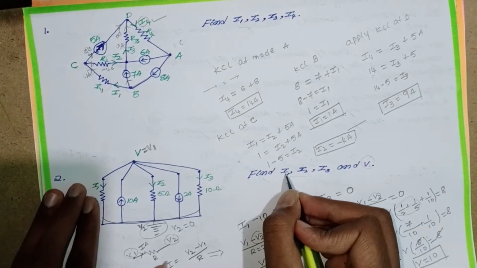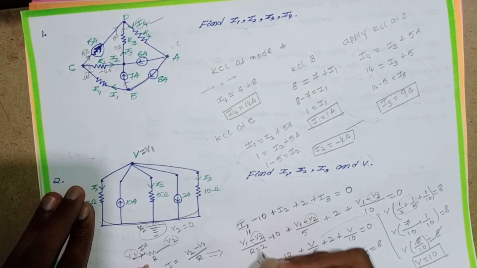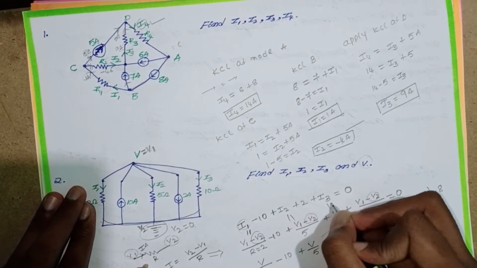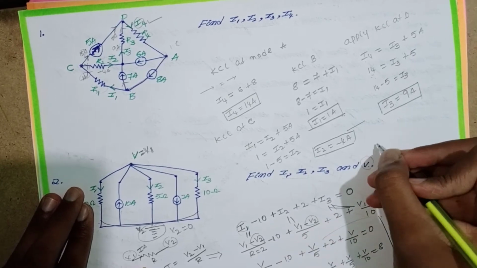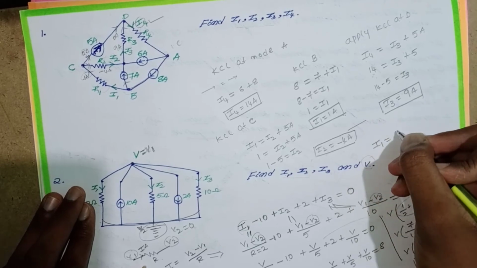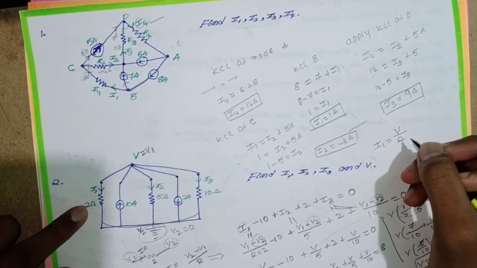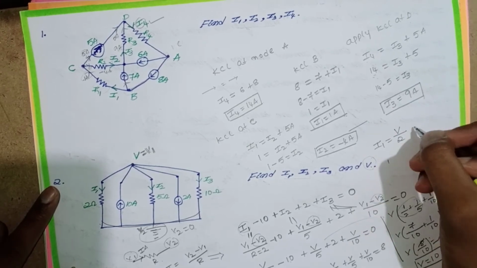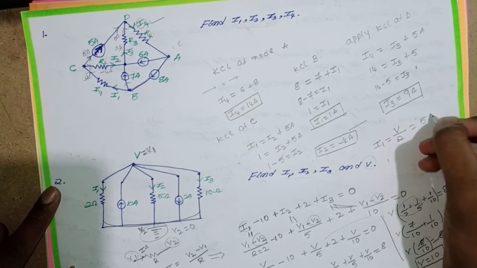We find out I1, I2, I3. I1 is equal to V by 2. This is resistance 2. So I1 is equal to V is 10, 10 by 2 is 5 ampere.